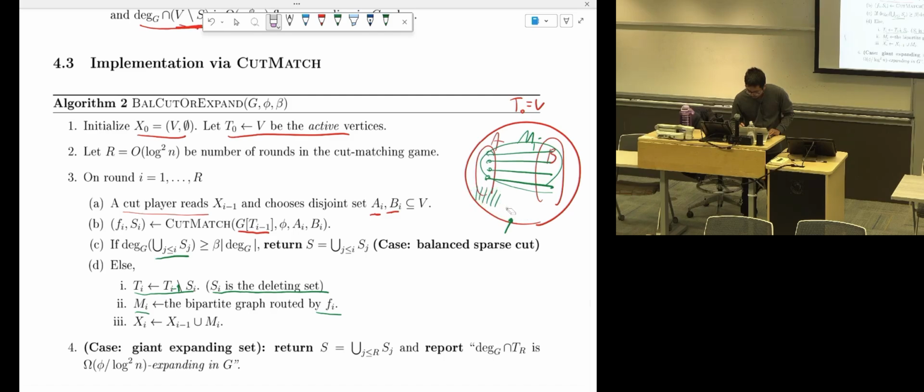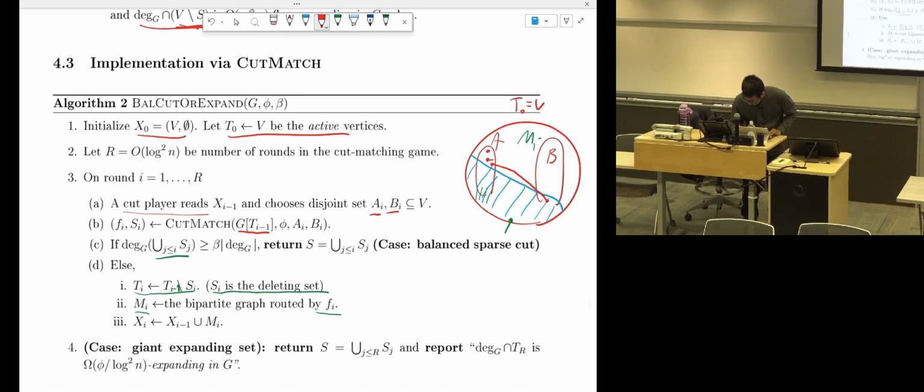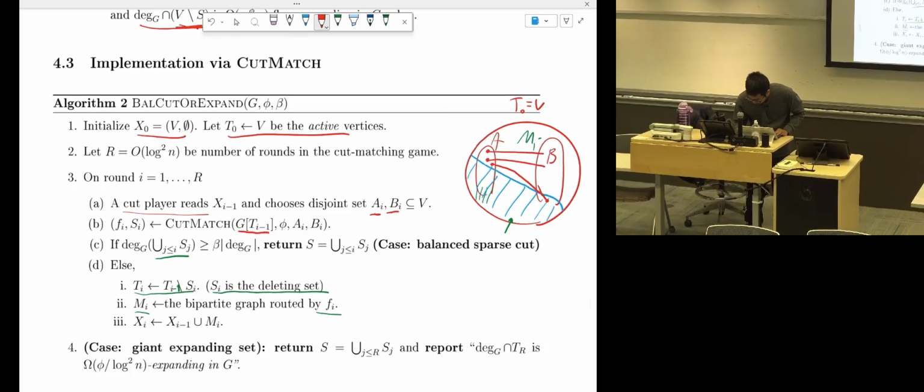And I want to draw it in a more general way. Okay, we're going to delete this thing, and all this thing cannot go here. This is not possible.